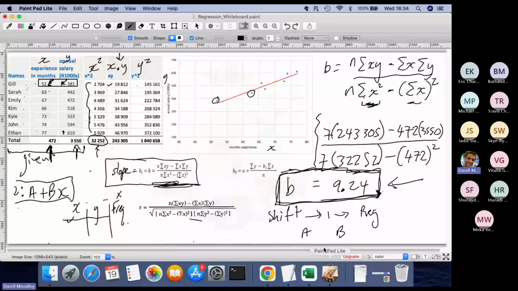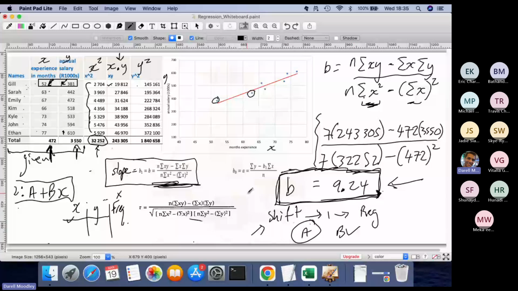If you wanted the intercept, you can do it the same way. Remember, for the intercept, we're looking for A. We've already found B. Let's find A. Same process. Press Shift 1, then reg or regression, and then select A. And then write down what you get for A in the chat.